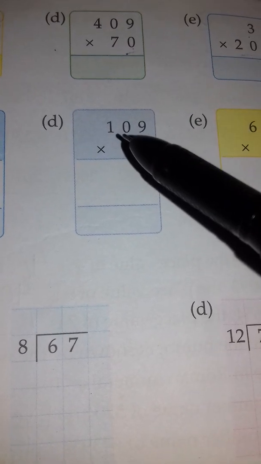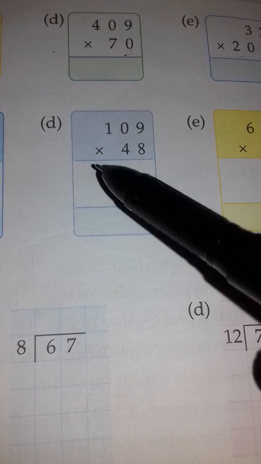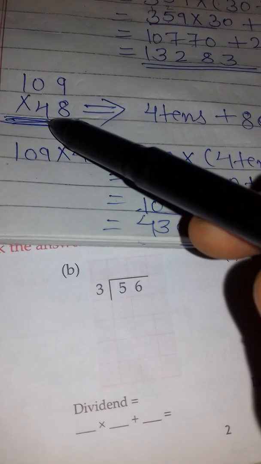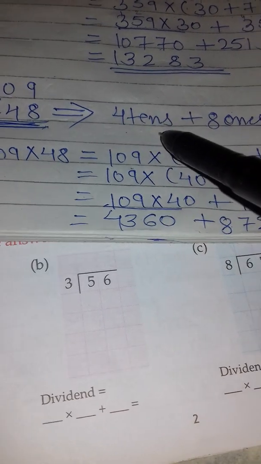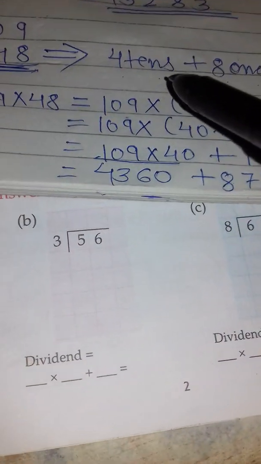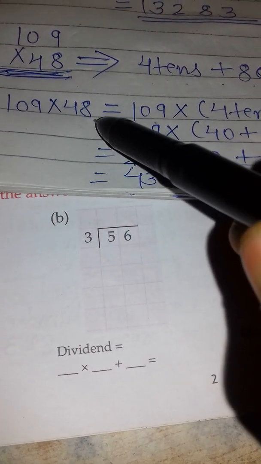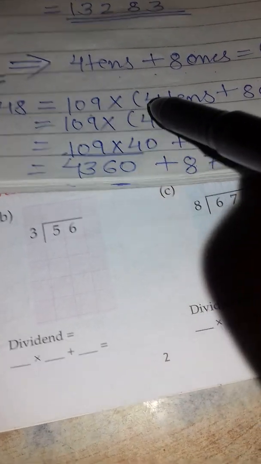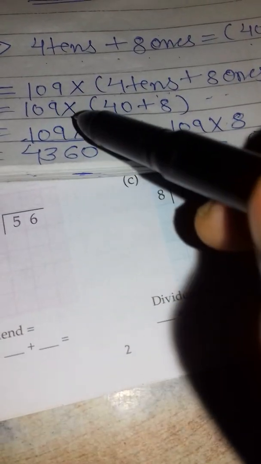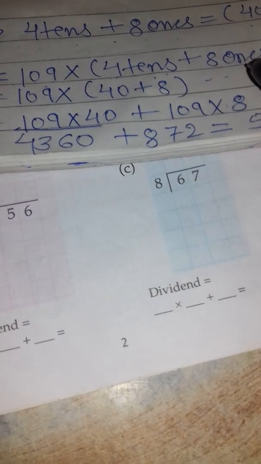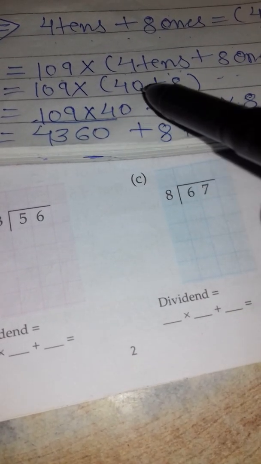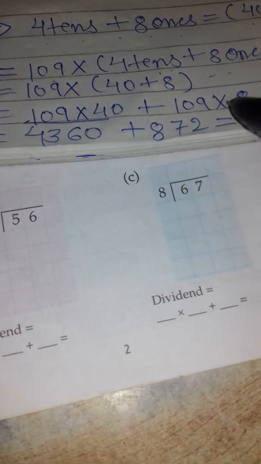Now D1, 109 multiplied by 48. As the multiplier is 48, which shows 4 tens plus 8 ones, that is 40 plus 8. So we will solve it. 109 into 48 is equal to 109 into the multiplier, that is 4 tens plus 8 ones. 109 into 40 plus 8 is equal to 109 into 40 plus 109 into 8.